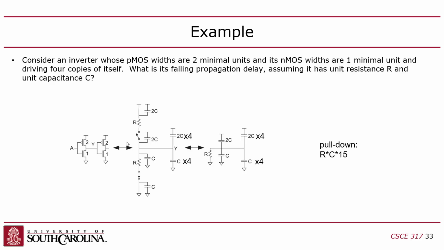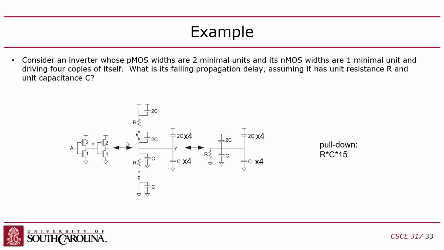Actually I'm driving 8 gates, because each inverter has 2 transistors, and there's 4 of them, and 2 times 4 is 8. So basically, now it's R times C times 15, right?